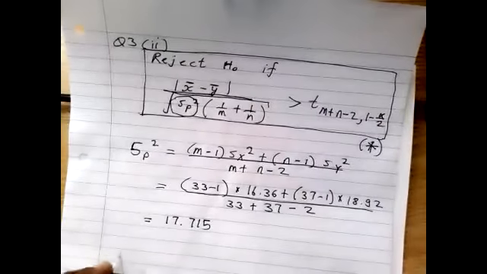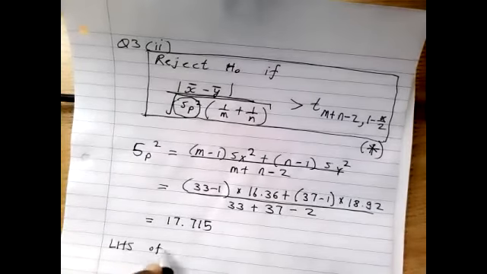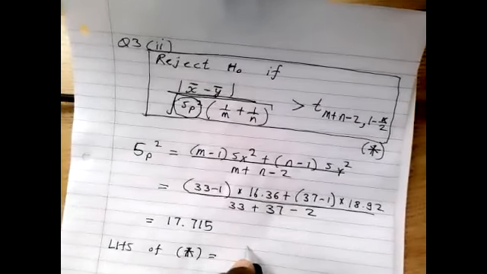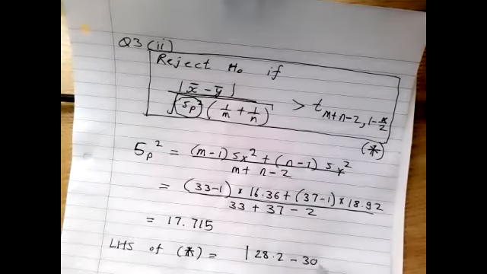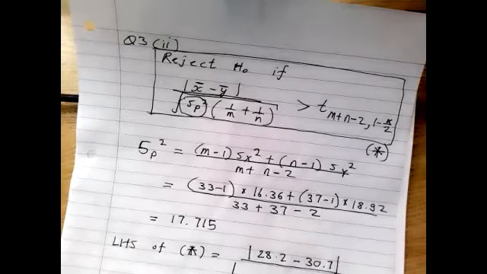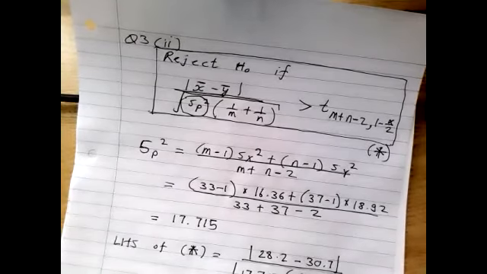Now, to compute the left-hand side of star, you just sub in the numbers. So it's going to be x bar, 28.2, minus y bar, 30.7, divided by 17.715 times 1 over m, which is 33, plus 1 over n, which is 37.